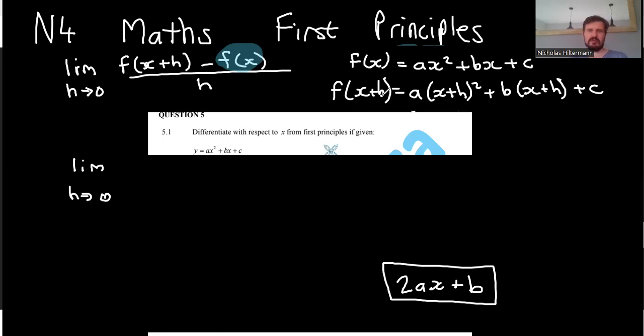This formula tells me where I see an x, I need to put an x plus h. So times this out, get ax squared plus 2axh plus ah squared, plus bx plus bh.